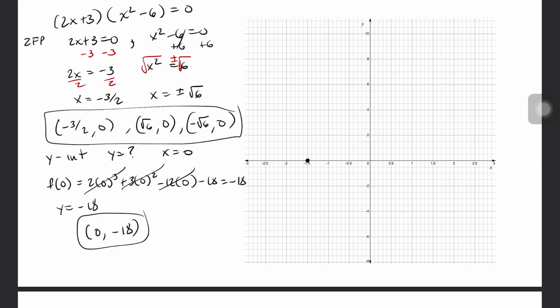Then we have the square roots. Using the calculator, the square root of 6 is roughly 2.44. We can't be that accurate with those two, because we have a limitation in our technique of drawing and accuracy.